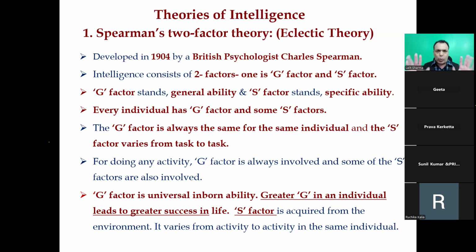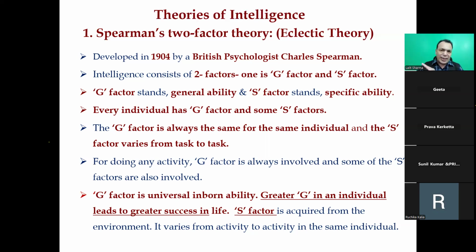Okay, so this is a small theory, not a big theory, right? Always when the long questions come, they ask: define intelligence, nature and characteristics of intelligence, and define the Thurston and Spearman theory of intelligence. So a complete question will come to you in the long format. Okay, the theories are short. So this is all about the eclectic theory or two-factor theory given by Spearman. The factors responsible for intelligence are G factor and S factor.